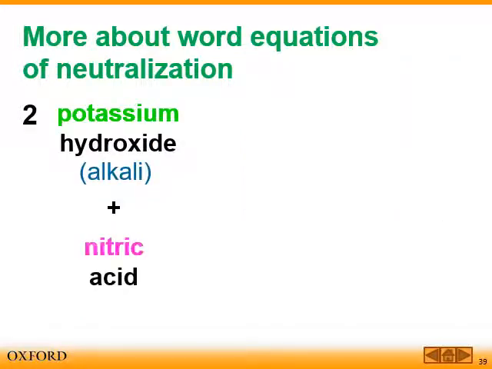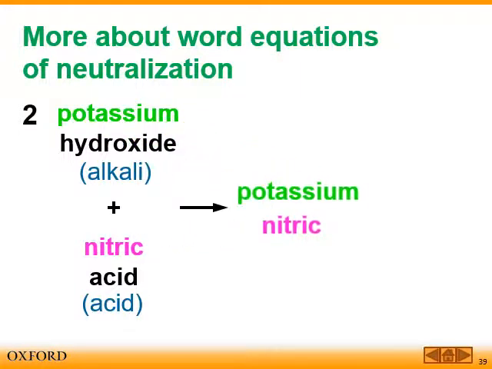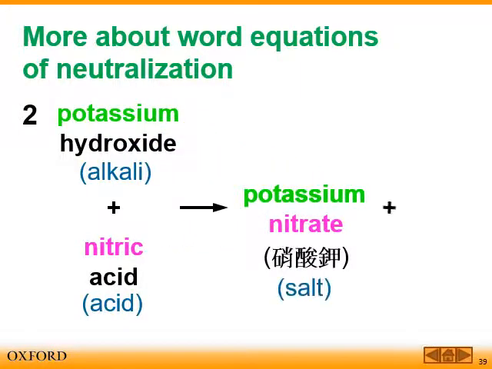But if we use another alkali, that is potassium hydroxide, and another acid, that is nitric acid, 硝酸, it forms another salt. This salt cannot be eaten. That is potassium nitrate. It can be used as fertilizer.